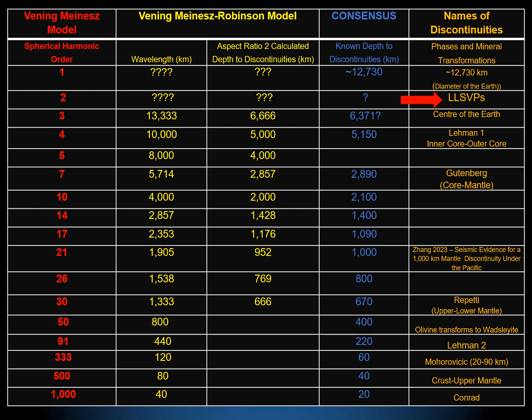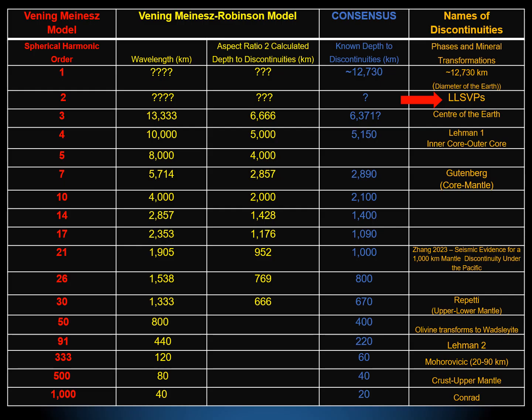Spherical harmonic 2 is revealed by the presence of diametrically opposed geoid residuals on opposite sides of the Earth, as well as coincident LLSVPs.